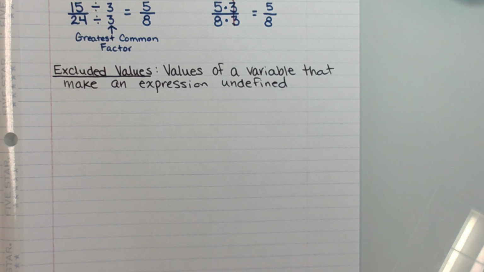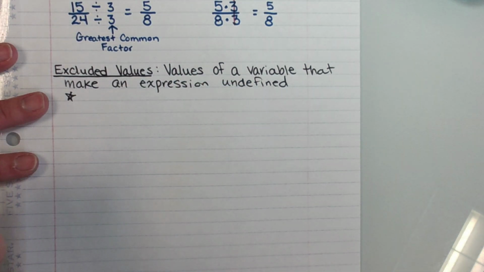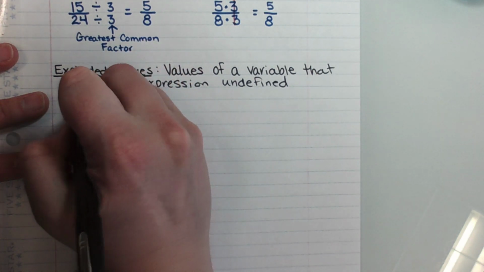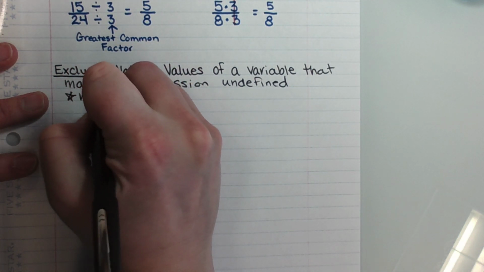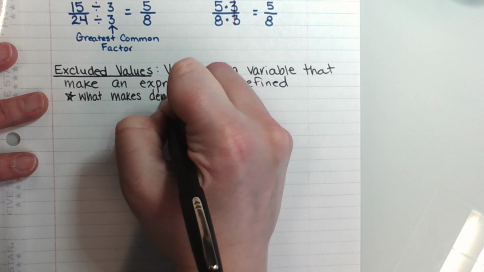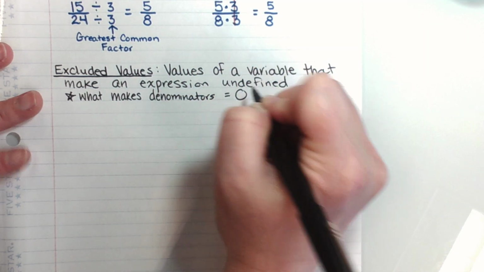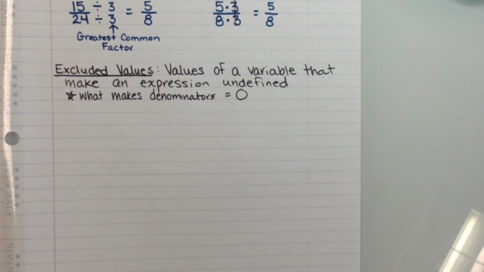In math, what's something we're not allowed to do? Divide by 0. With rational functions, what makes them undefined is whatever makes denominators equal to 0. Now, you never had to deal with this with the rational expressions that you dealt with back in elementary school, i.e. regular fractions, because did you ever put 0 in the bottom of the fraction?